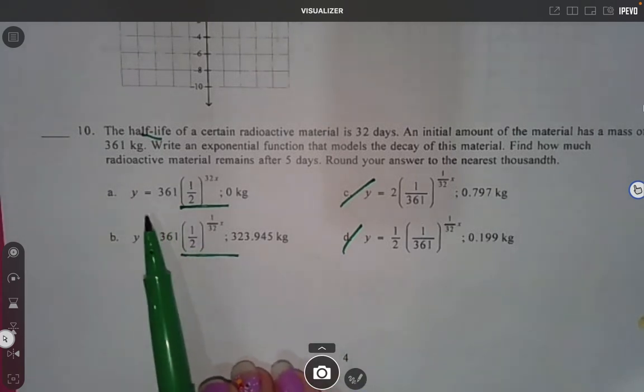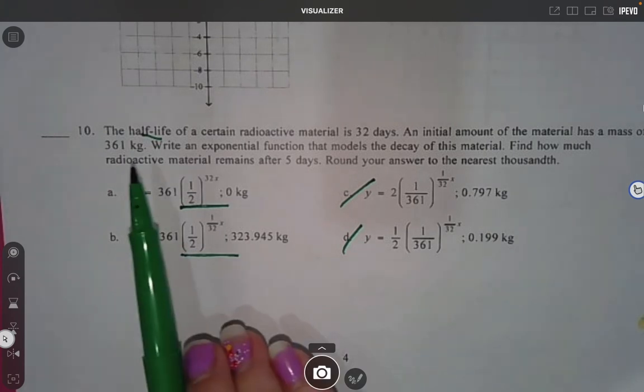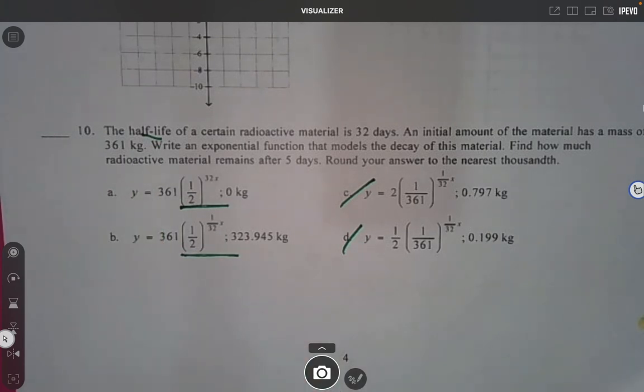And then your number out here, your starting value is 361. The other thing that you'll need to know is, I believe it's B, after 32 days, it's just going to be for your exponent 1 out of the 32, okay? And then your x.